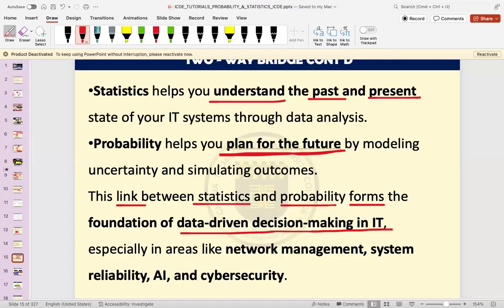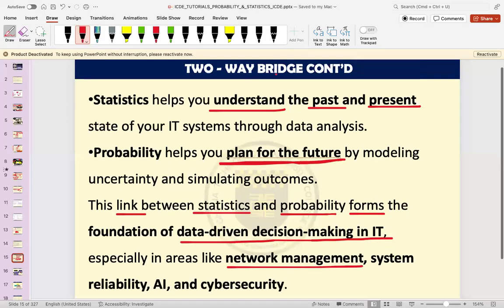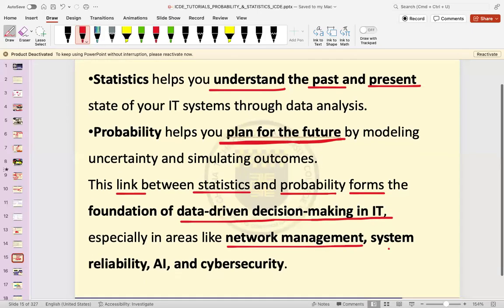Examples are network management. You have to apply statistics and probability in a two-way bridge. System reliability, which is the characteristics of a good system, also depends on statistics and probability.